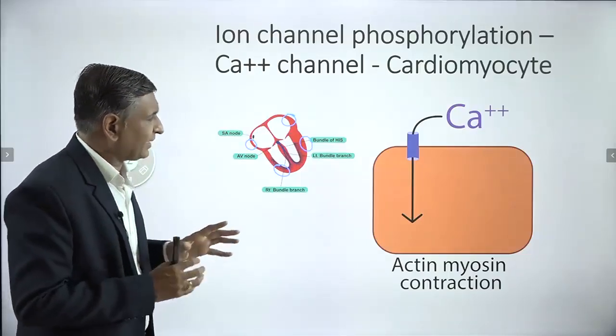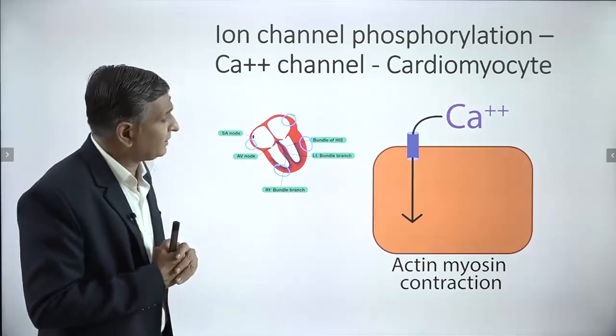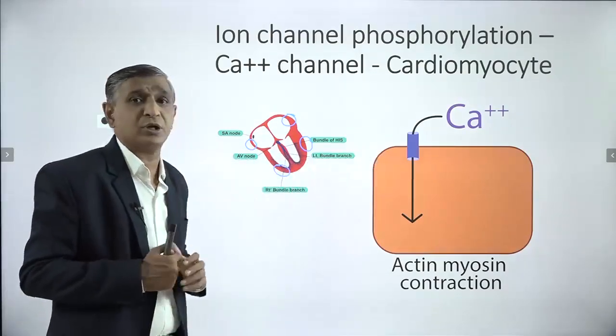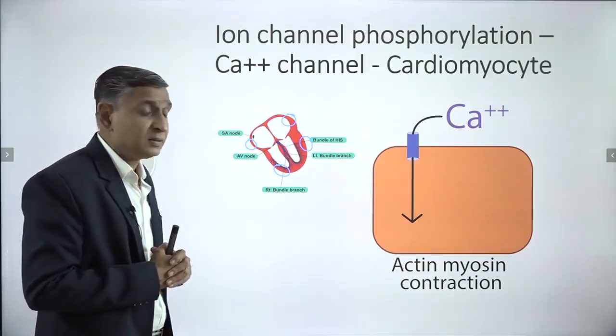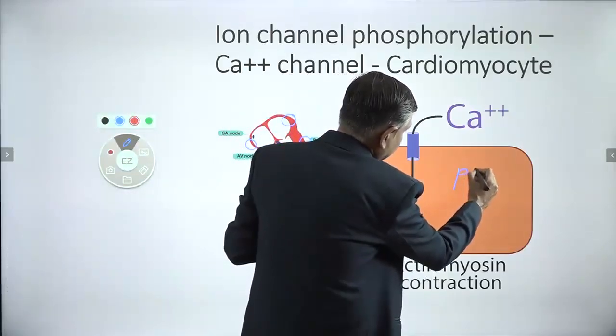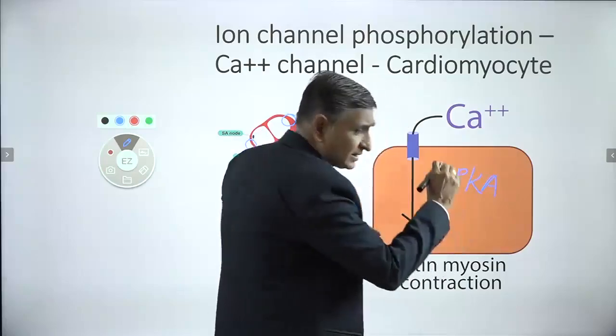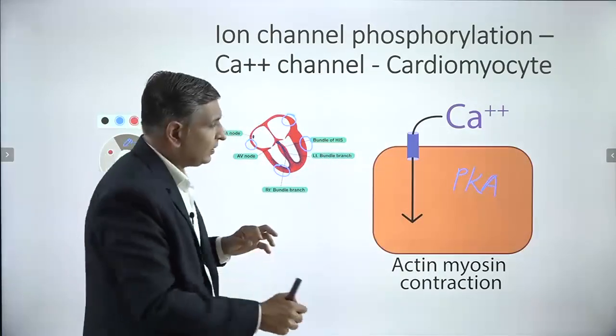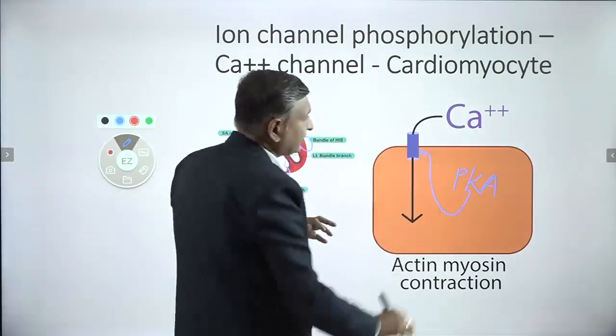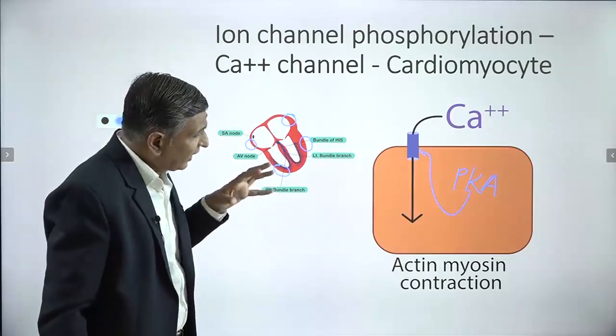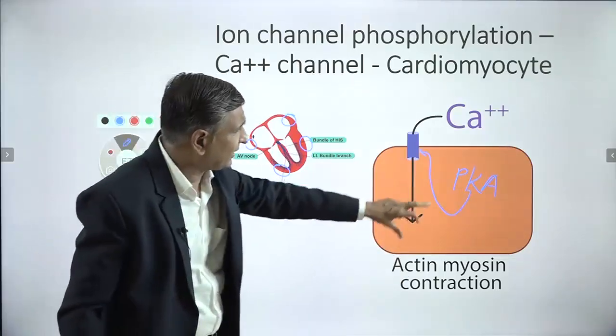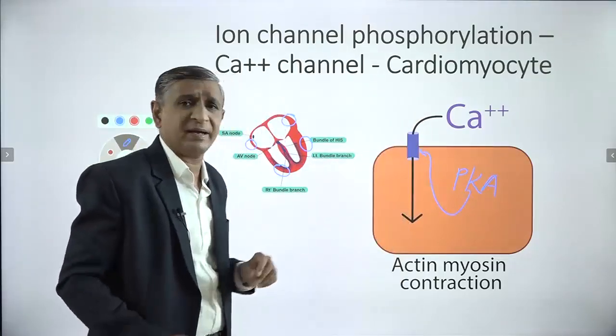My point is that calcium is going to enter because of phosphorylation of this ion channel. That PKA, protein kinase A, the last product of that whole chain, is going to phosphorylate this ion channel. When the ion channel gets phosphorylated, there will be the entry of calcium ion inside the cell.